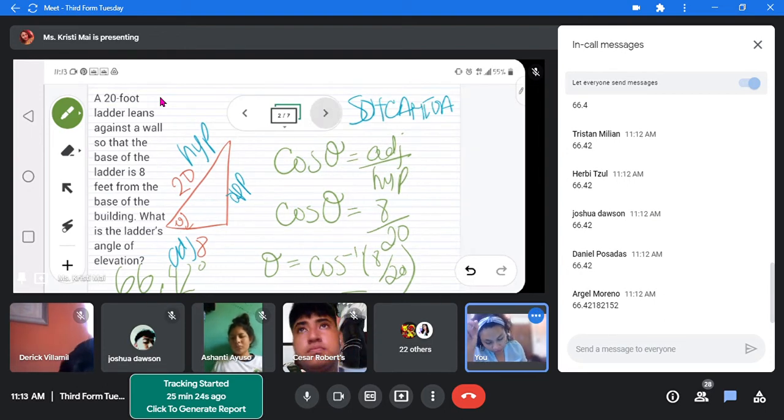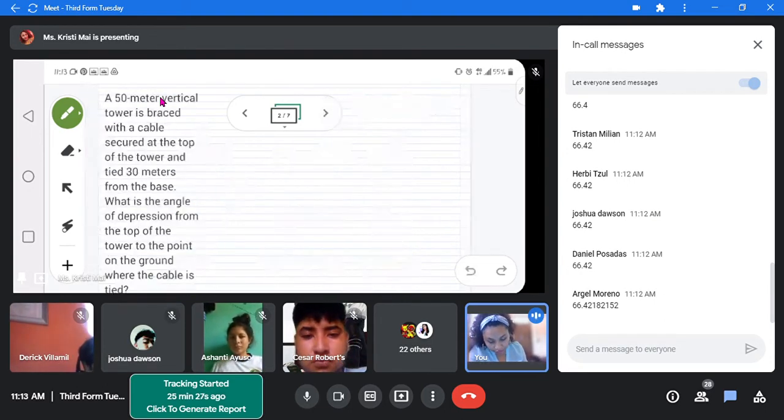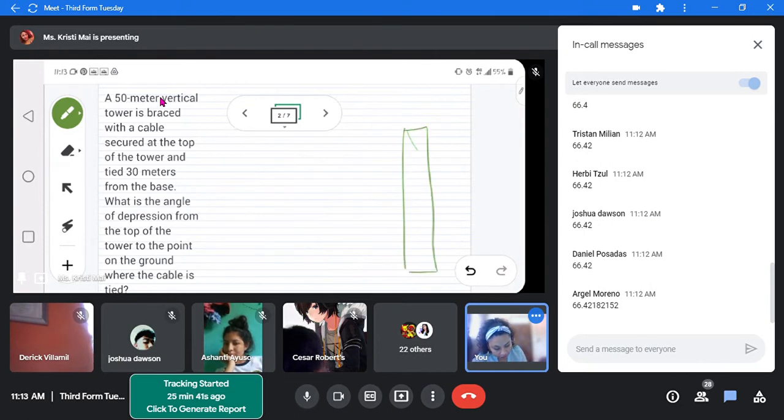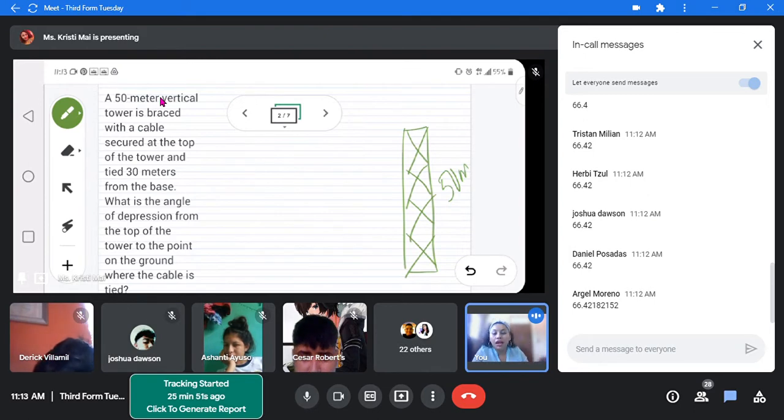Number 2. A 50-meter vertical tower is braced with a cable secured at the top of the tower. So I have a tower, and this tower is 50 meters. The cable is secured at the top of the tower and tied 30 meters from the base.